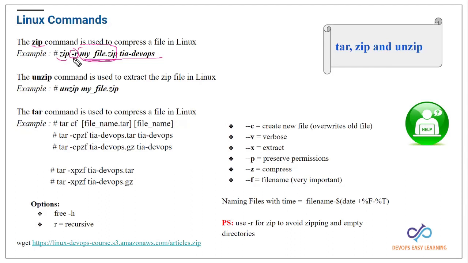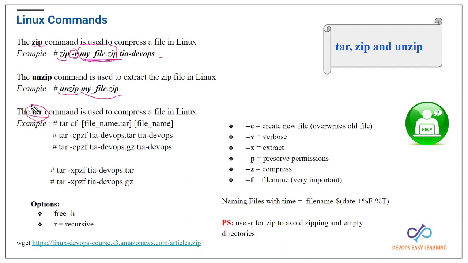You zip that directory without putting -r, where Linux will zip an empty directory and give it to you. And let's say you delete the main directory thinking that everything was already zipped. You are dead, right? Be very careful. And also unzip: if you zip it and you want to unzip it, just use unzip, give the file that you want to unzip, and that's it.